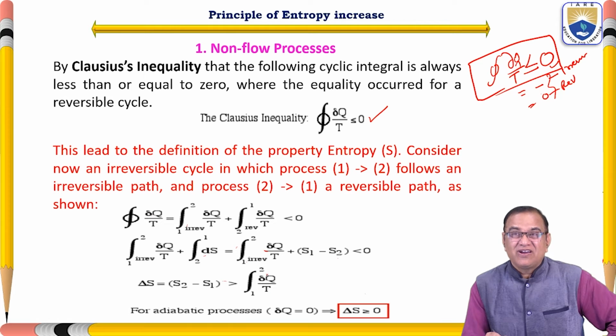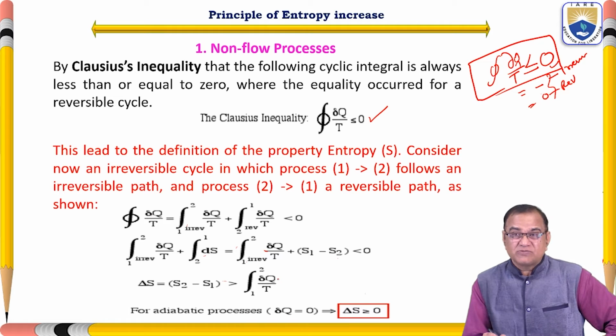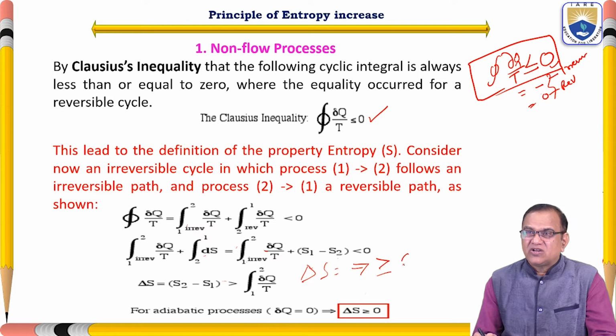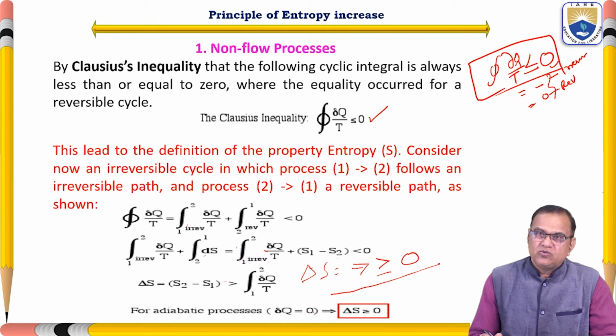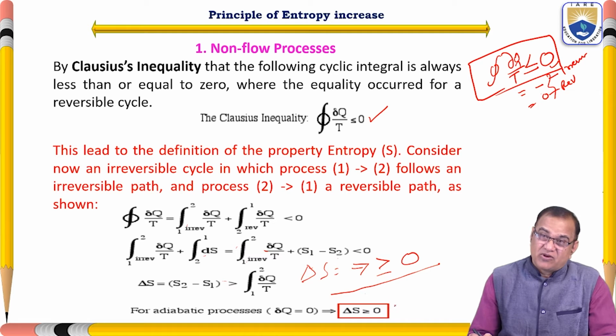So here we got, for a non-flow process or the control mass process, the change in delta S will be always greater than or equal to 0. For the adiabatic process, del Q is equal to 0. So this will indicate that delta S is equal to or greater than 0 for other processes.